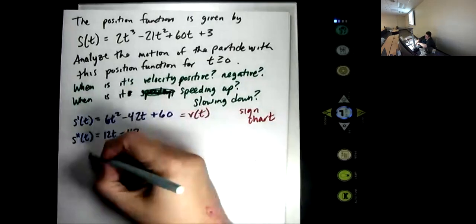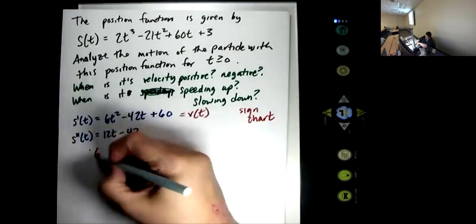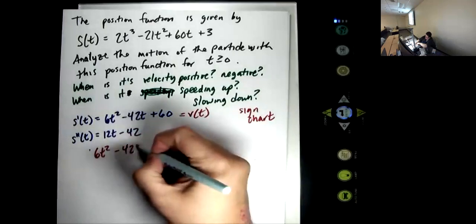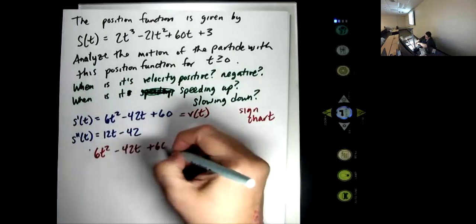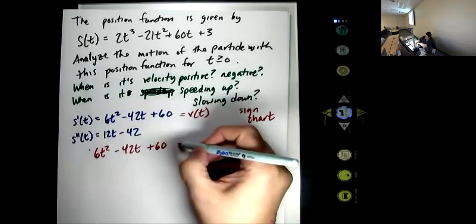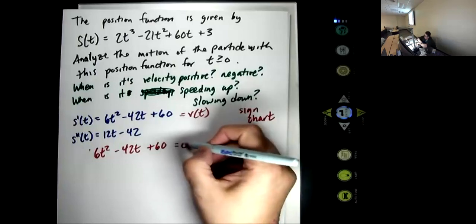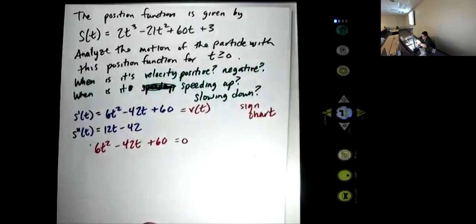All right, so let's do that. 6t squared minus 42t plus 60 equals 0. I don't like that these are not just even numbers, they all look like they're multiples of 6.